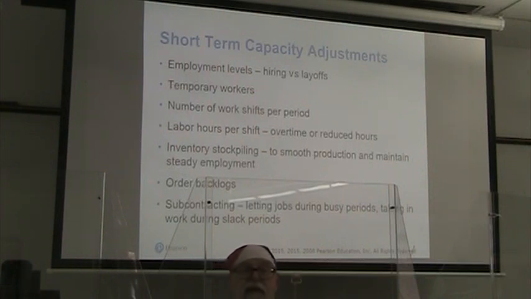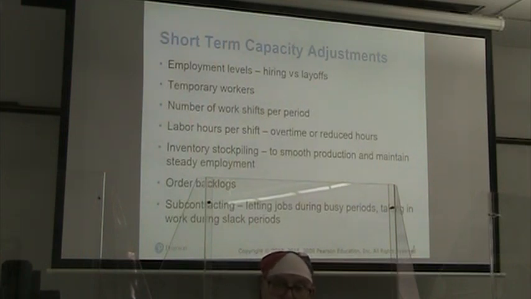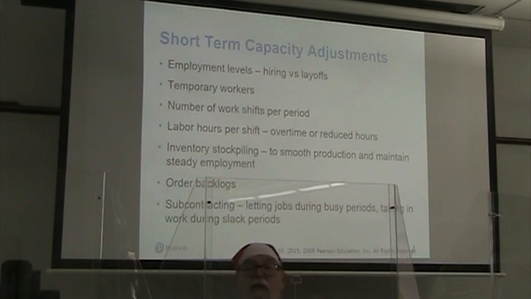I'm sorry, we can't get you your order in 2 weeks like we wanted to, but if you can wait 3 weeks, we'll have it all done. Or subcontracting. Having people that we know we can trust to put together part of our orders, and maybe at a time when we're not busy and they are, they'll give us part of their work.